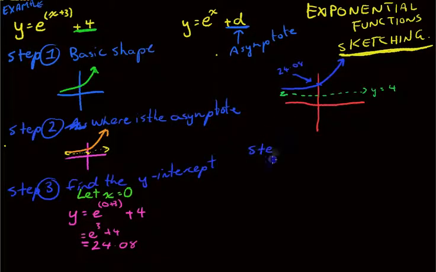There's one more step here. Step 4. The problem we face is that because we're only putting one single point on this line, it's not a very good sketch. So what you need to do in step 4 is find a significant point.